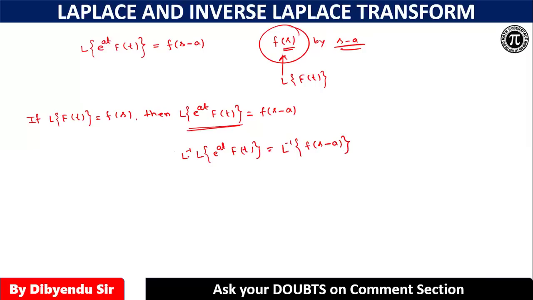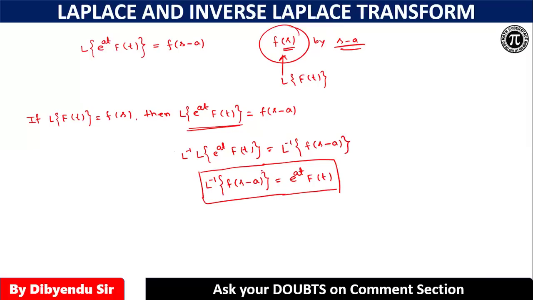The Laplace inverse and Laplace operators cancel. So Laplace inverse of f of s minus a is equal to e to the power at f of t. So this is your first shifting property for inverse Laplace transform.